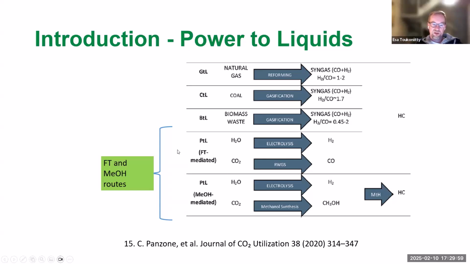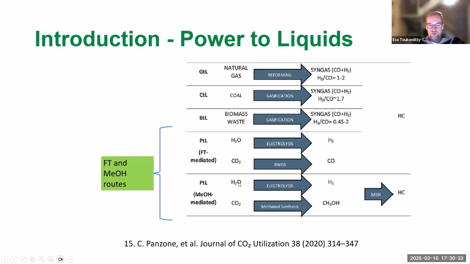But then these power to liquids processes utilize the Fischer-Tropsch and methanol routes. There the technologies are not reforming and gasification, but the starting materials, water and carbon dioxide, are converted with electrolysis and reverse water gas shift reaction to make roughly the same products as in these three previous steps.